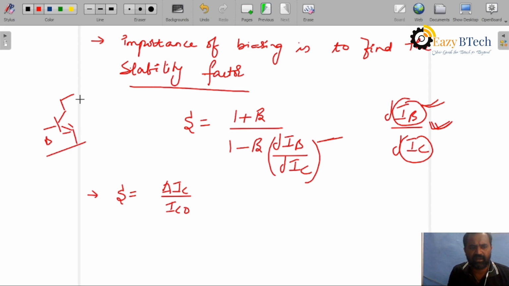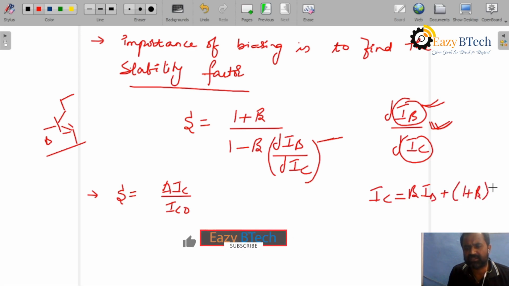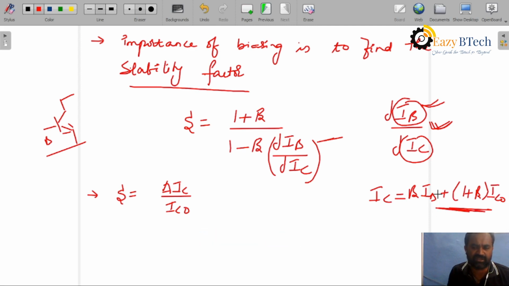For that, the output terminal is the collector, and the output current is IC. To get a distortion free output, that is IC. Now, what happens? How will the IC change? Now, we know the IC equation: IC is equal to beta IB plus 1 plus beta IC naught. This we already know, from the previous lectures we have studied all these things.